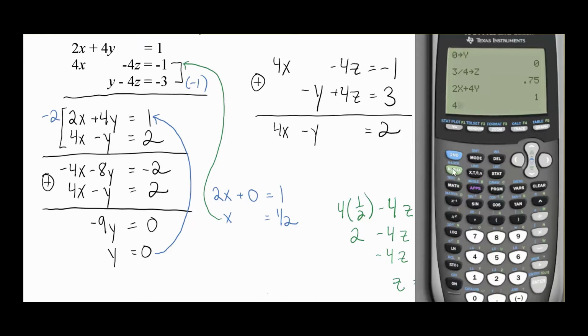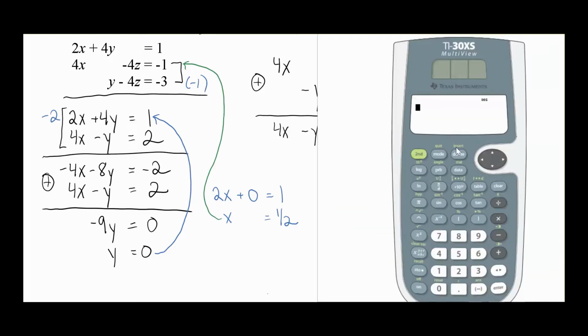So then I check the second equation of 4x minus 4z. I'm hoping to get negative 1, and I do. Then I check the third equation by doing y minus 4z. I'm hoping to get negative 3, and I do. So this does check out. I get the right answer here.